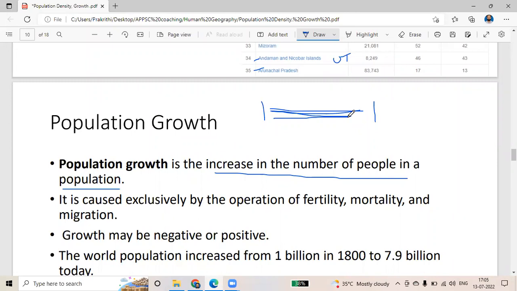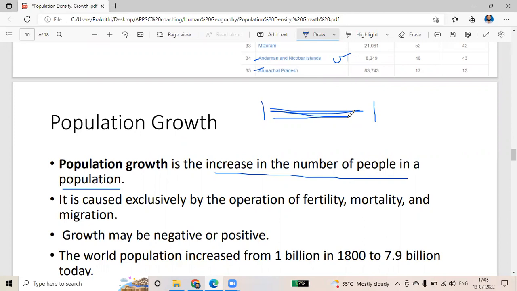Now in an area there is 100 in 2001, and in 2011 it has come down to 50. Still we will say again this is population growth. Population growth has reduced. In one it has increased, in the other it has decreased. In both senses, we will consider this as population growth. It may be negative growth, it may be positive growth.